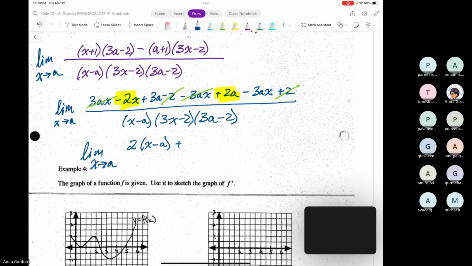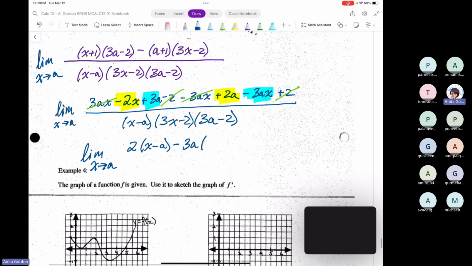Hmm. So there's no way this is right. I'm getting the limit is -5. Okay, good.